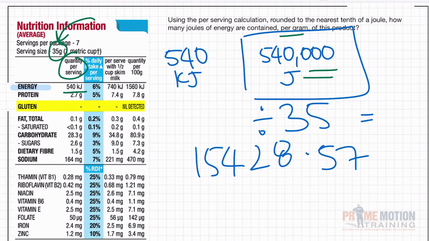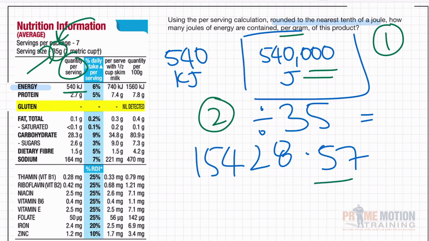So the first step was to convert the measurements. The second step was to divide it by the serving size, if you like, over here that we talked about, the 35 grams. And now if we go back to the question, it did ask us to round to the nearest tenth of a joule. Okay, we can do that now because we've got that final number.